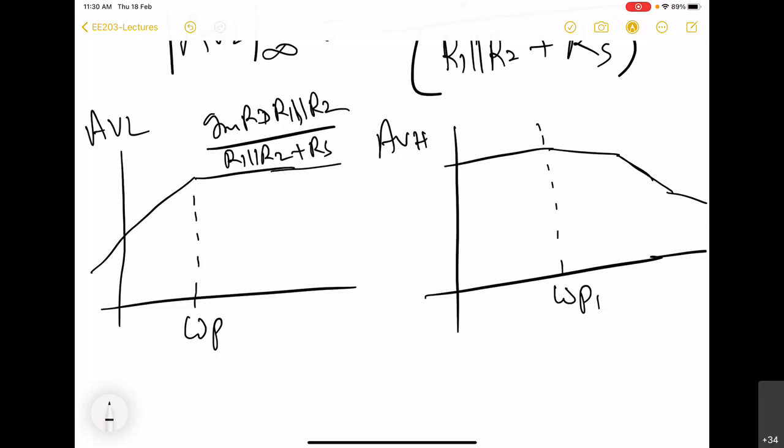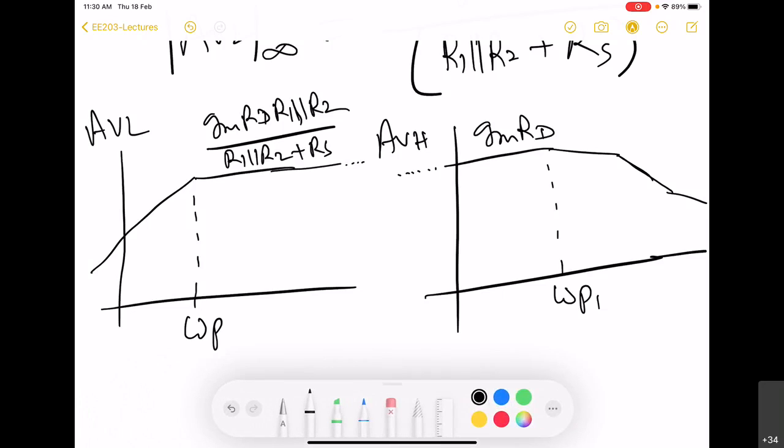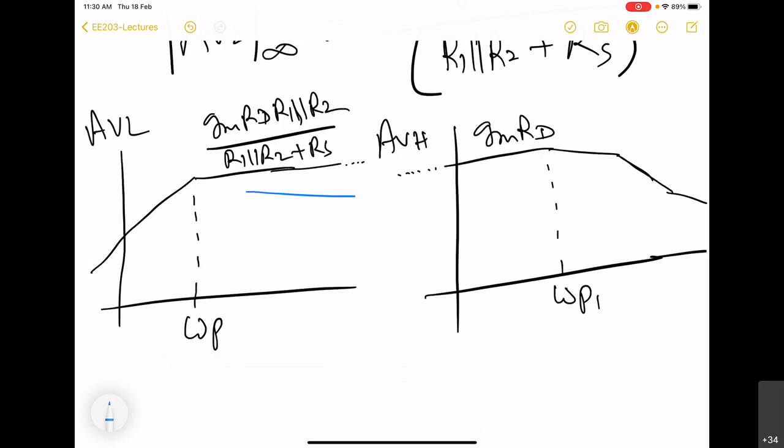This value which seems to extend up to infinity. But in this case, value that we got was GMRD, which goes up to low frequency. That means omega is equal to 0. So both have a flat response in the region, because when you combine, this region will get combined together, right?